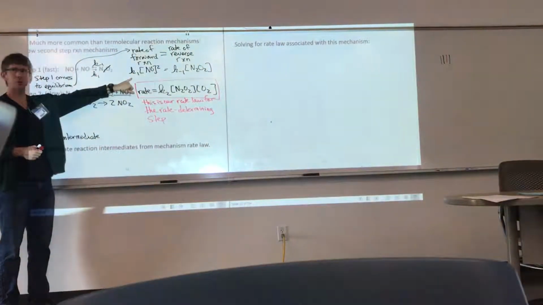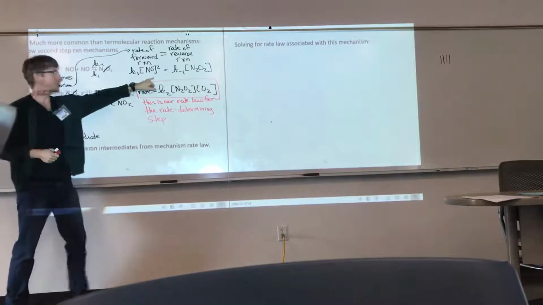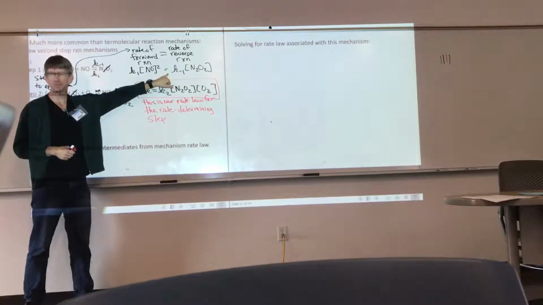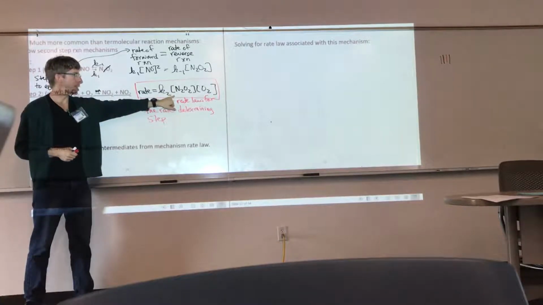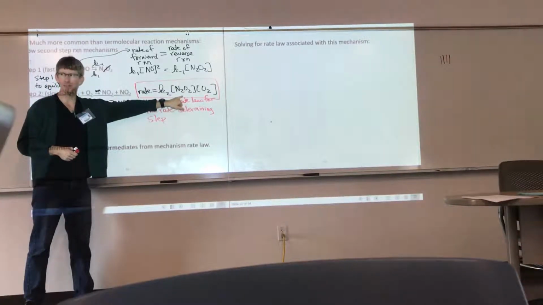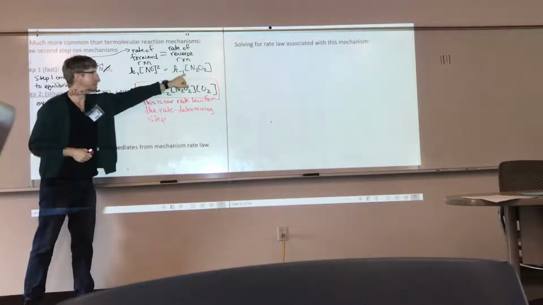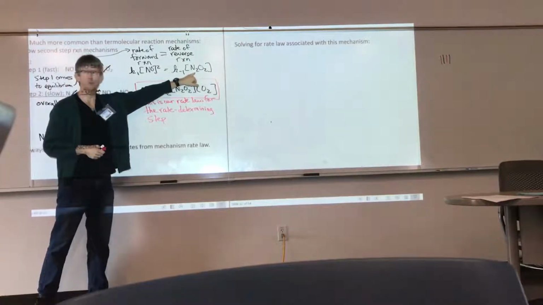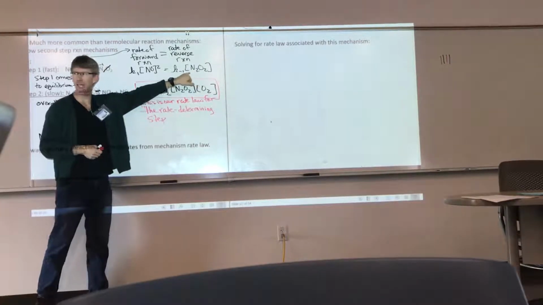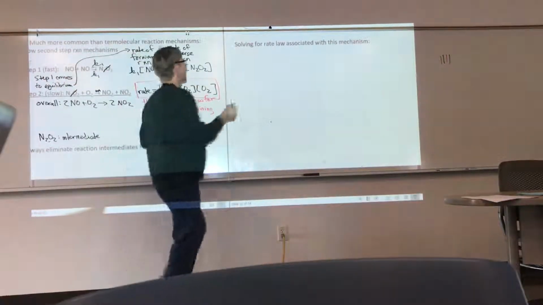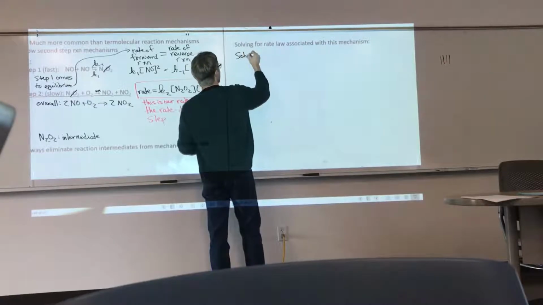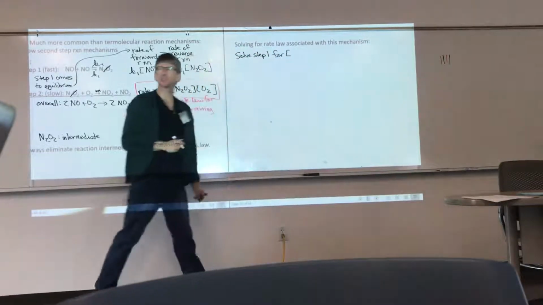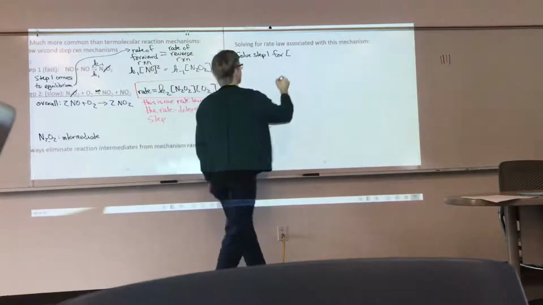And let me just check in with where we are. So the first step is at equilibrium. This is a true statement. That is an equal sign right there. The second step, which is rate determining, has the intermediate in it. The next thing I'm going to do is, because I have an equality statement with my intermediate in it, I will now solve step 1 for the concentration of dinitrogen dioxide.